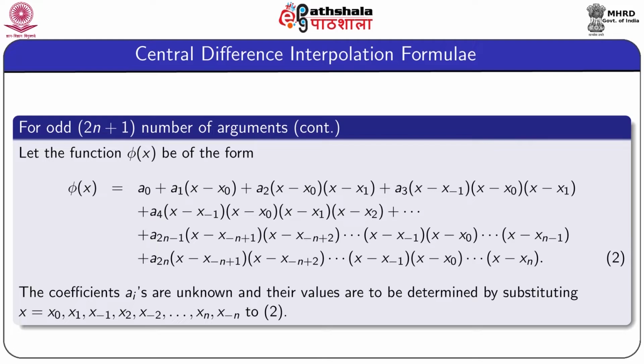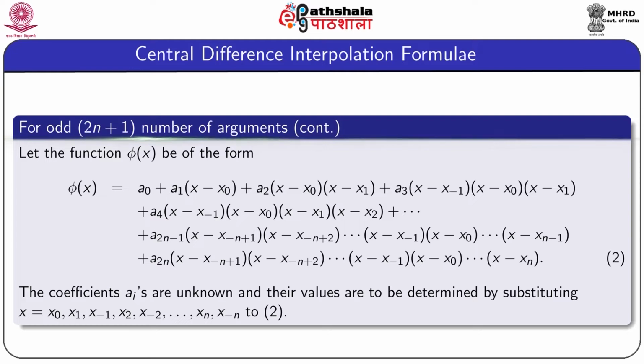Then we include the factor x minus x 1 in the polynomial. Then we include x minus x minus 1 in the polynomial. That means, in entering the points or the arguments, we give priority to the right hand side points and then we go to the points on the left hand side. So, for this reason we call this formula the Gauss forward interpolation formula.